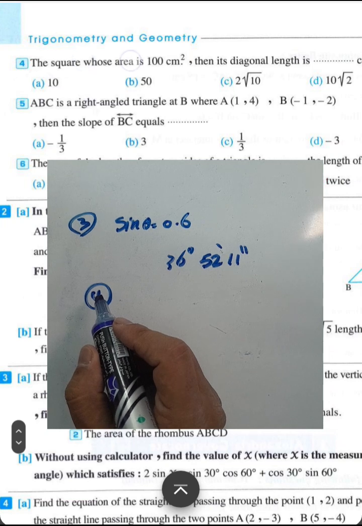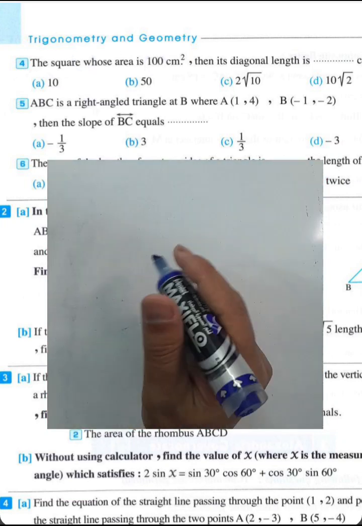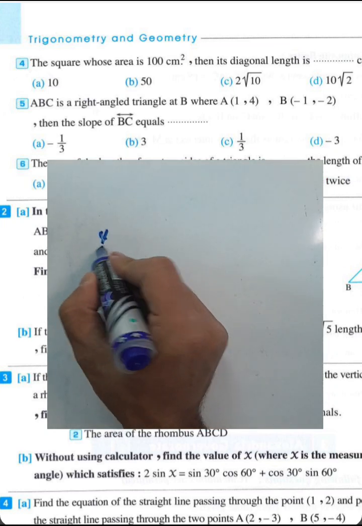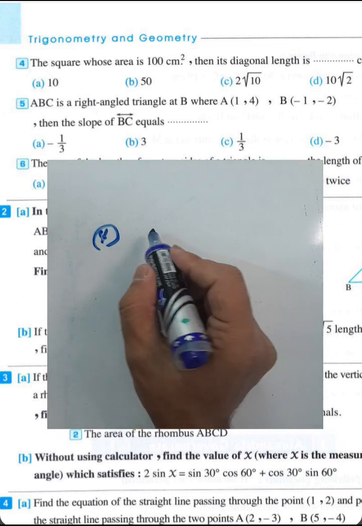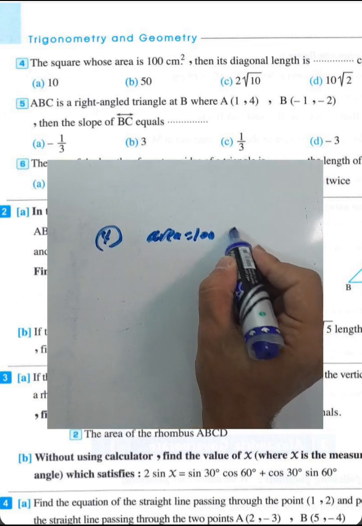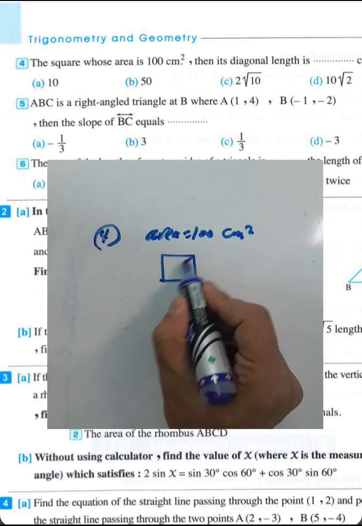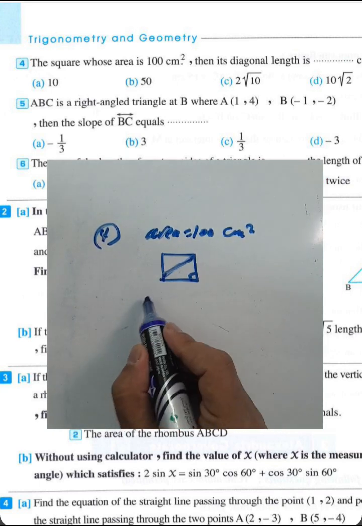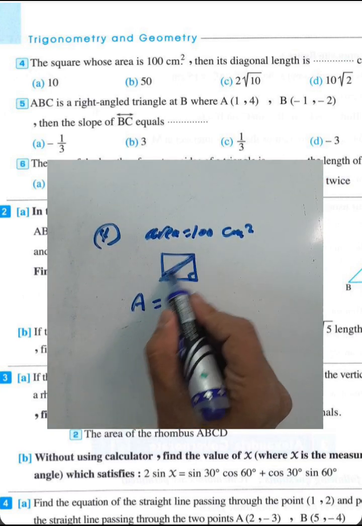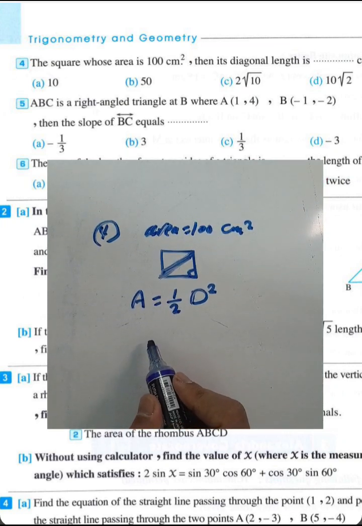Question number 4. The square whose area is 100 square centimeters, then its diagonal length equals what? Here is the example: the area is 100 square centimeters, then the diagonal. We know the area of a square equals half times diagonal squared. It's the rule.